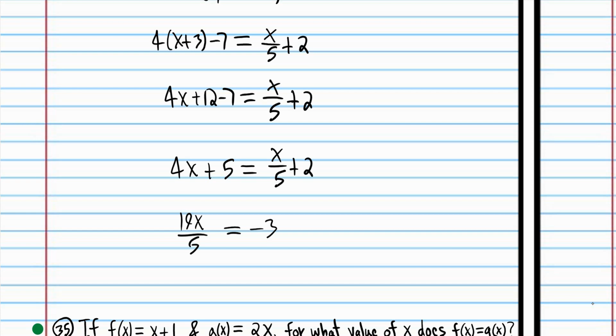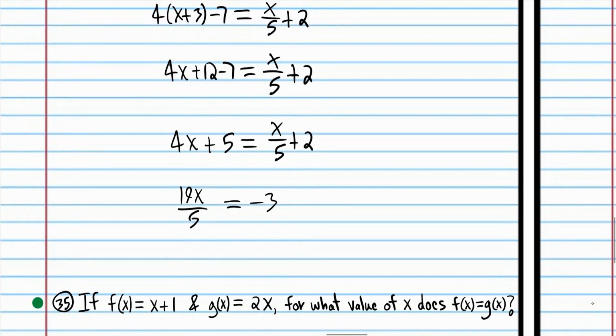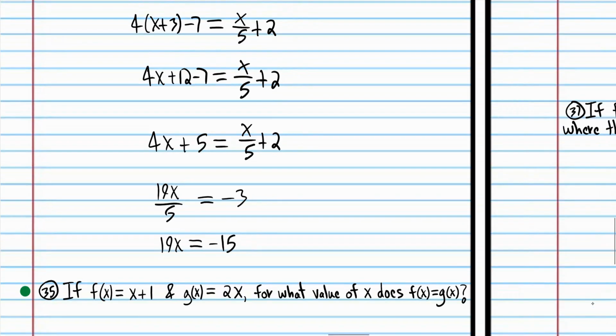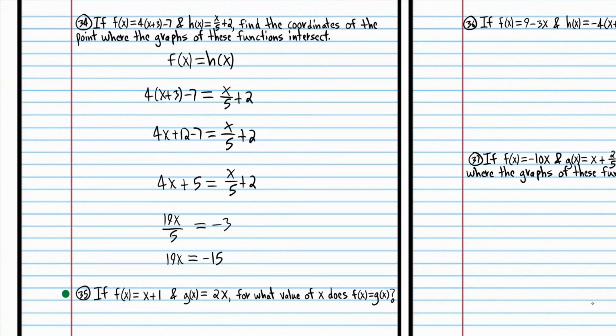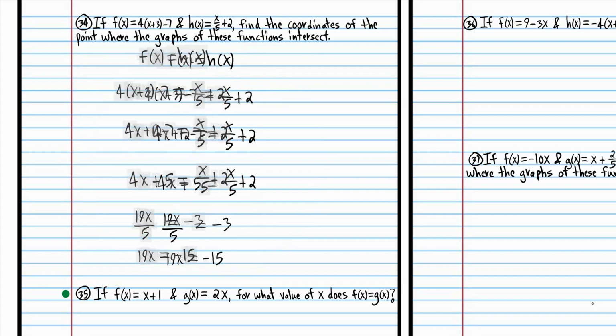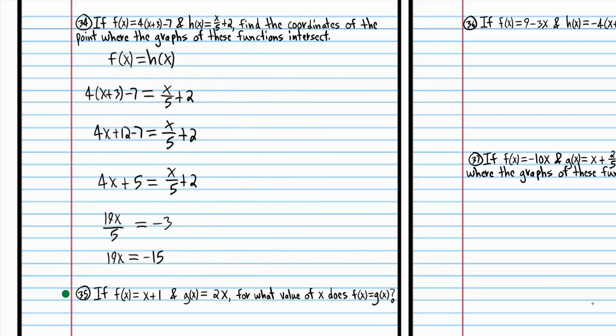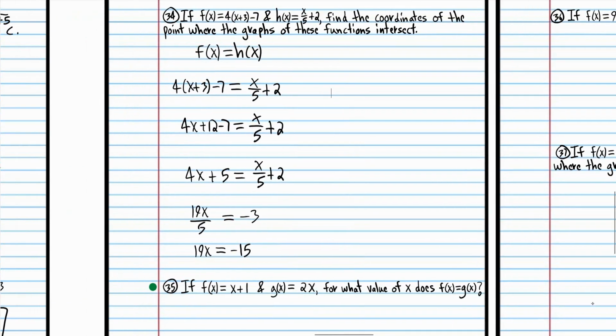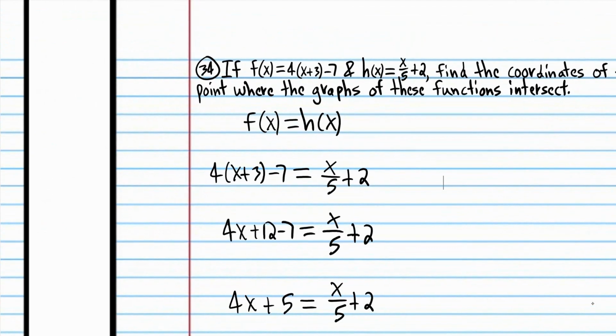And then we can multiply both sides by 5, and we get 19x is equal to negative 15. And let's see if we can come up with any more room. And I guess if you want, we can call this the first step of the problem.